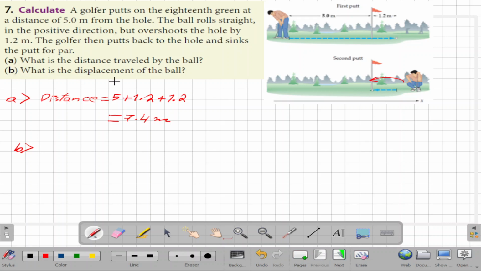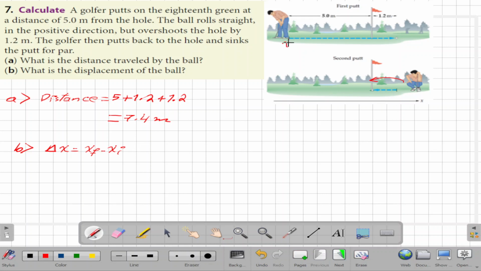Part B, what is the displacement of the ball? Recall that the displacement is the net change in position, and we can apply this formula to find it. Delta x is equal to x final minus x initial, taking into consideration only the final position and the initial position.